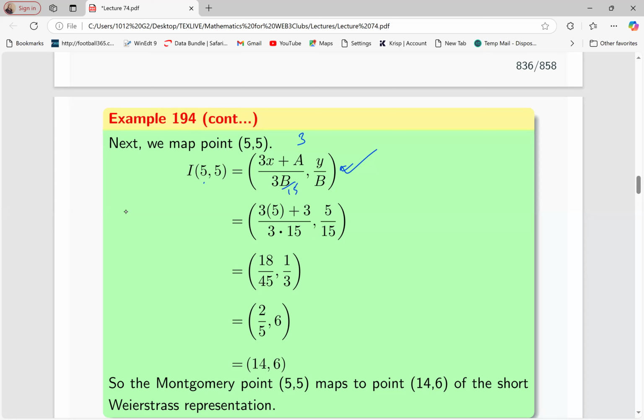So where there is A, you put 3, and where there is B, you put 15. And of course you have the value of X and Y: where there is X, you put 5, and where there is Y, you put 5.